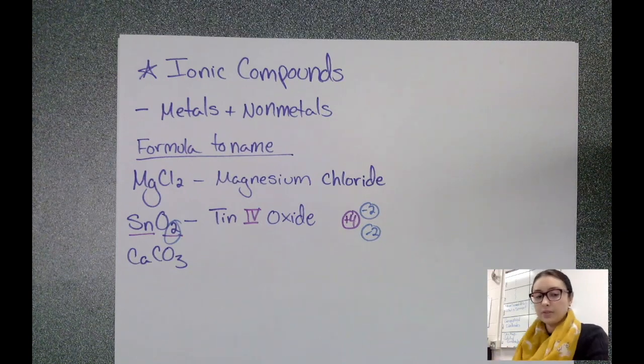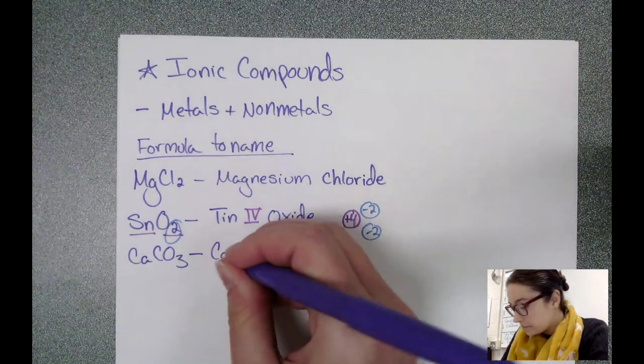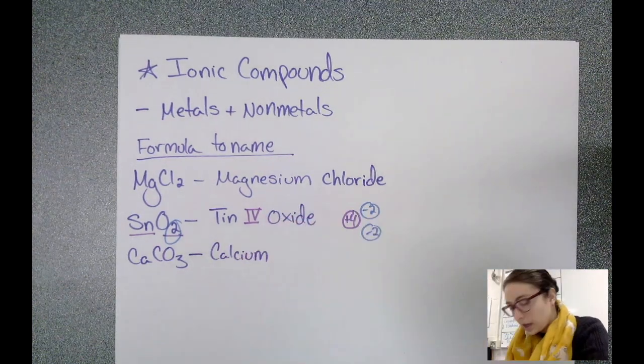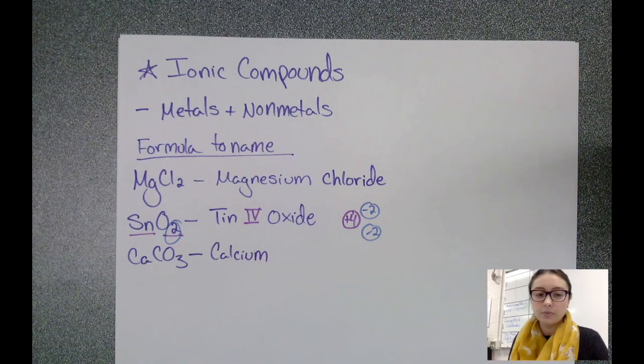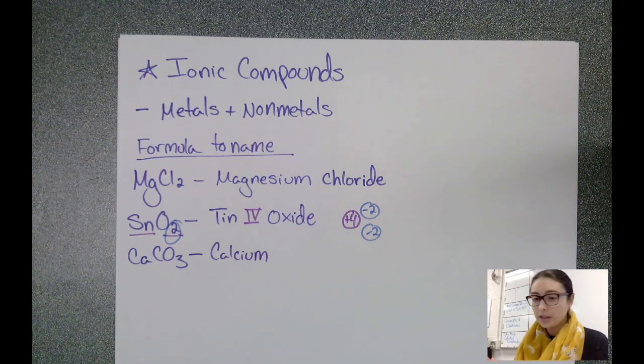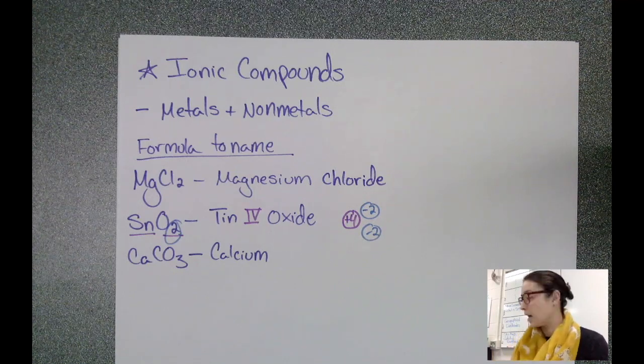Next up we have CaCO3. Well, Ca is calcium. Calcium is not a transition metal or another metal. We don't have to do anything fancy with Roman numerals. CO3, though, there's more than one element present there, meaning this is a polyatomic ion.